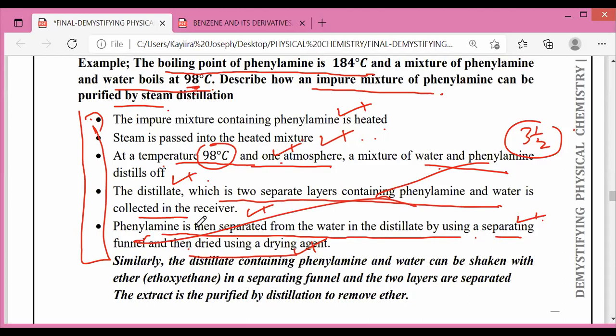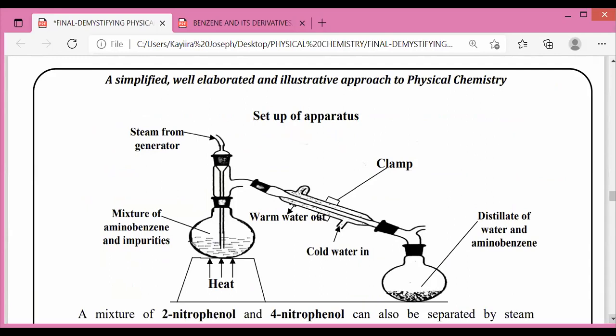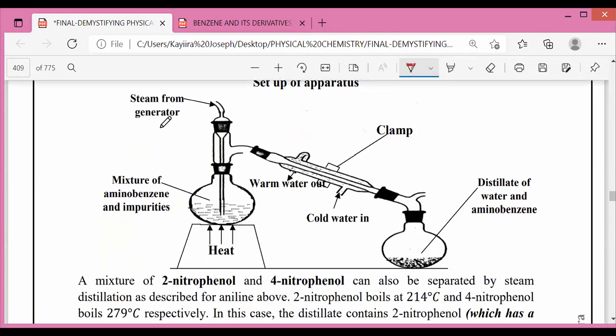Then the component to be distilled off is separated from the water using a separating funnel and then dried using a suitable drying agent. Then you draw a setup of the apparatus to show that the steam is bubbled through from what we call a steam generator to the mixture containing the substance to be distilled off and the impurities, which must be heated.